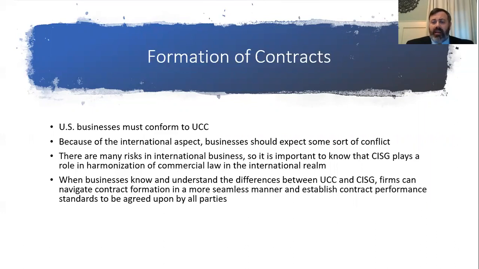So it's important that businesses know the role that the Convention on Contracts for the International Sale of Goods, or CISG, plays, and how it has a harmonization of common law in that international realm. When businesses know and understand the differences between the UCC and CISG, the firms can navigate the contract formation more efficiently and establish contract performance standards that are agreed upon by all parties.